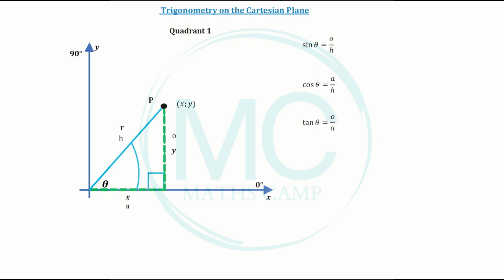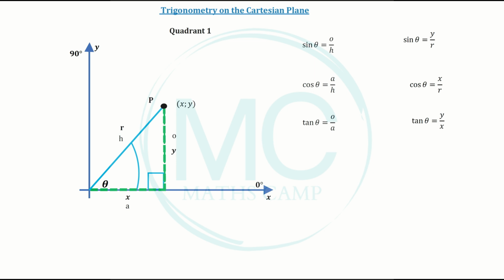So we can say sine theta is equal to our opposite side, which is now y, over the hypotenuse, which is now r. For cos theta, it is equal to the adjacent side, which we now call x, over the hypotenuse, which is now r. For tan theta, it is equal to the opposite side, which is y, over the adjacent side, x.